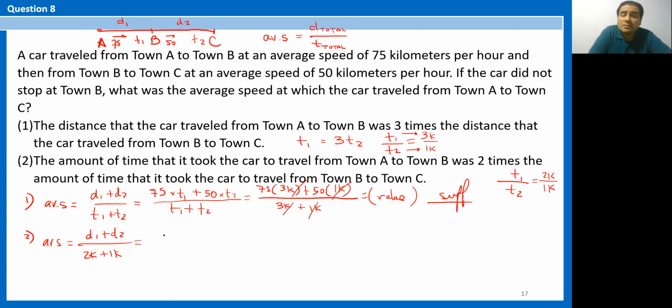Now, distance 1 I can express as the product of speed and time. Okay.